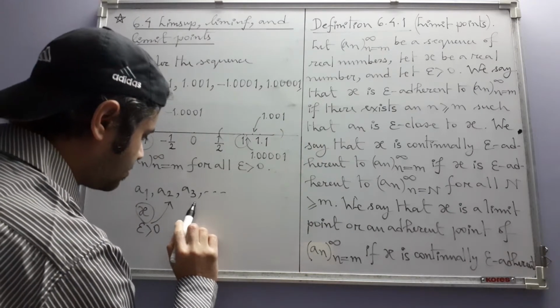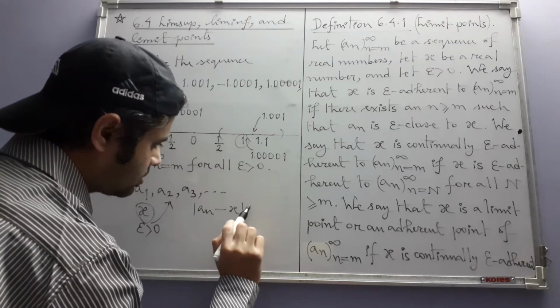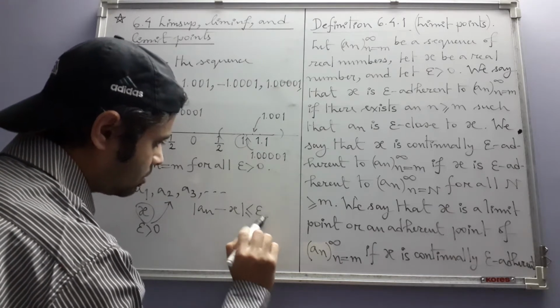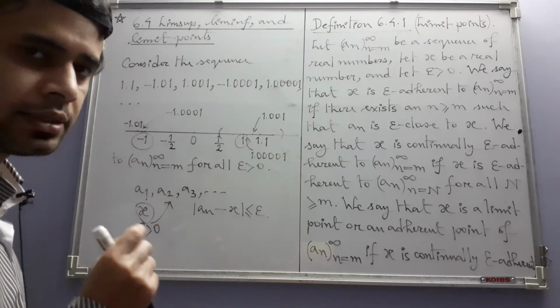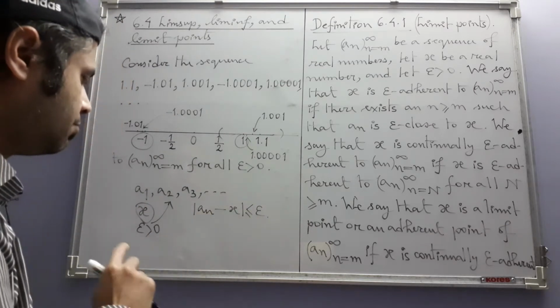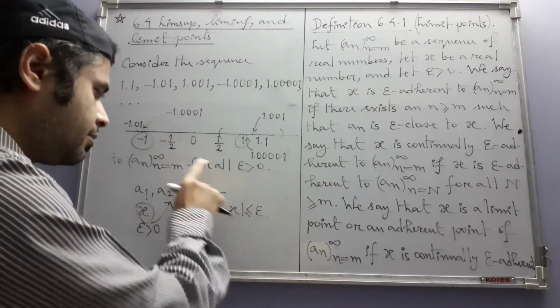That is, the distance between an and x is less than or equal to epsilon. Just that n. If such an n exists, we say that x is epsilon adherent to this sequence.